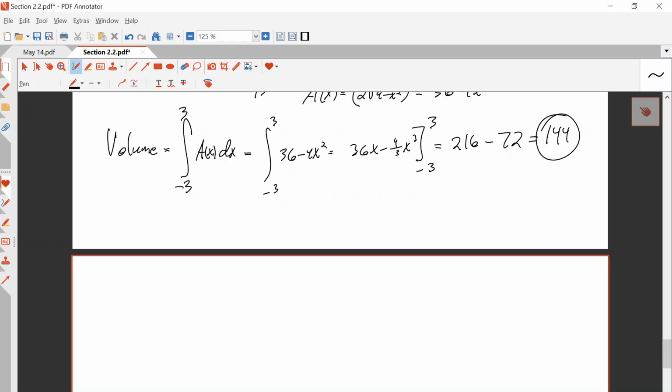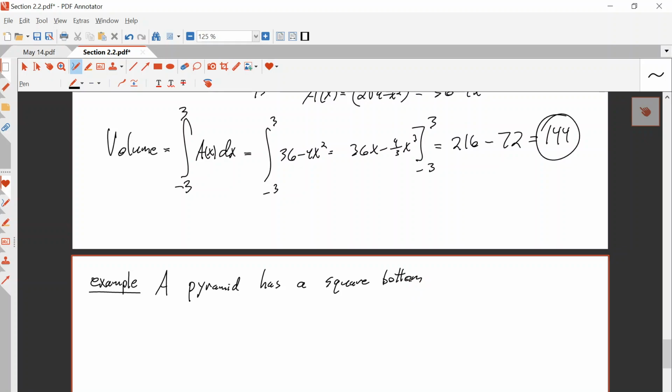How about this? A pyramid has, let's say, a square bottom, like the pyramids in Egypt.